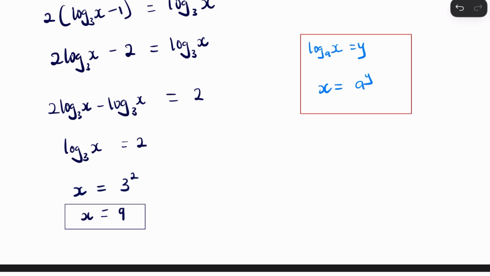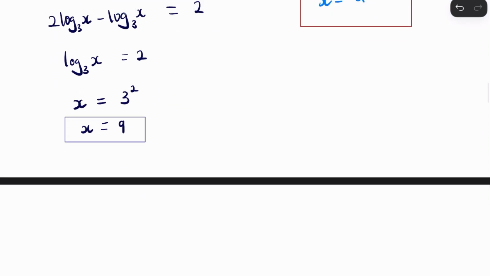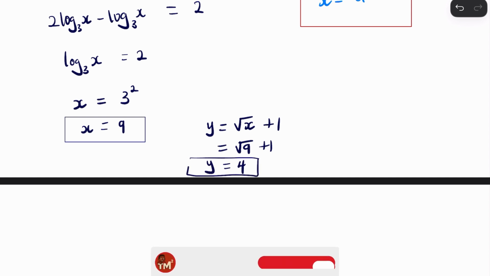Now let's find the value of y. From this equation, y is given as the square root of x + 1. That's y = √(9 + 1). Hmm, as read out, square root of 9 is 3, so that's 3 + 1, which is 4. So we have the value of y as 4.